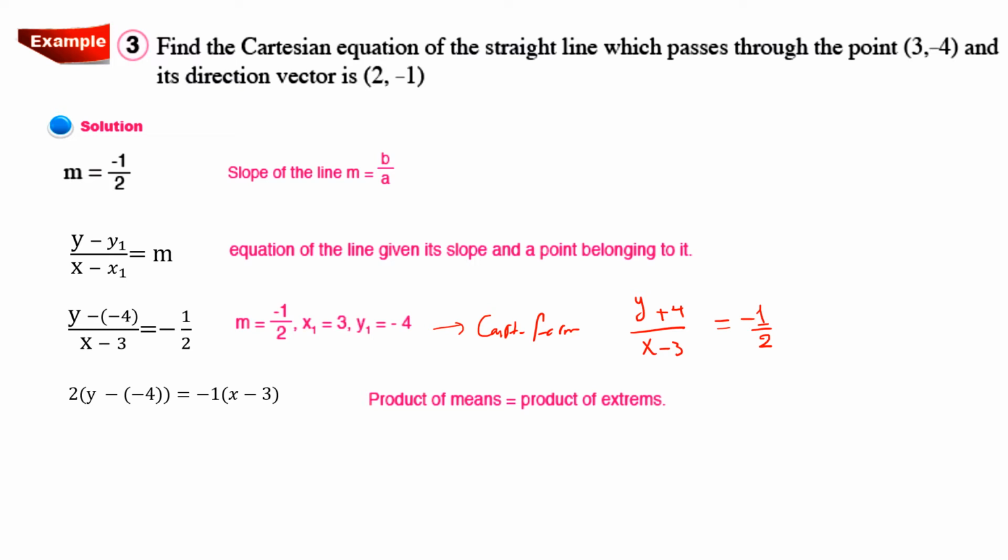So 2 multiply y plus 4 and the negative 1 multiply x minus 3. Product of means equal product of extremes, cross multiplication. So 2y plus 8 equals negative x plus 3. So we can write it x plus 2y plus 5 equals 0. And this is called general form or general equation. X plus 2y plus 5 equals 0.